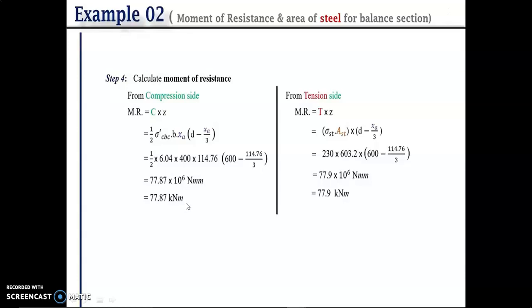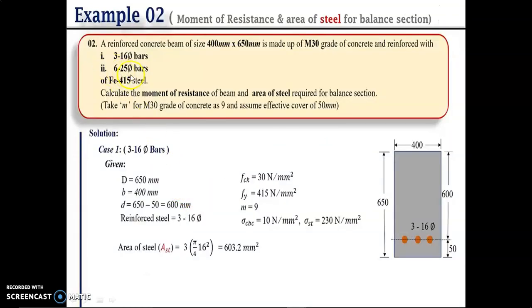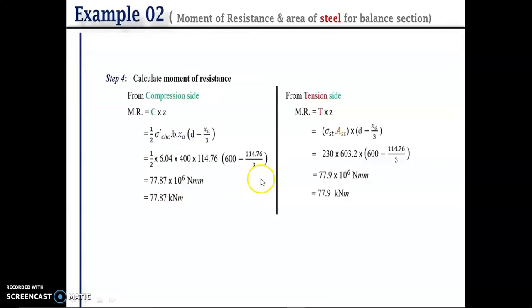Now in the second question you have to find the area of steel also. A strategy is given for this, so use that strategy and solve for the area of steel. The same process is done with the other area of steel given in the question, that is 6 bars of 25 mm dia. So these are the solutions, and these questions are solved like this. You have to use these formulas and find the moment of resistance and area of steel.